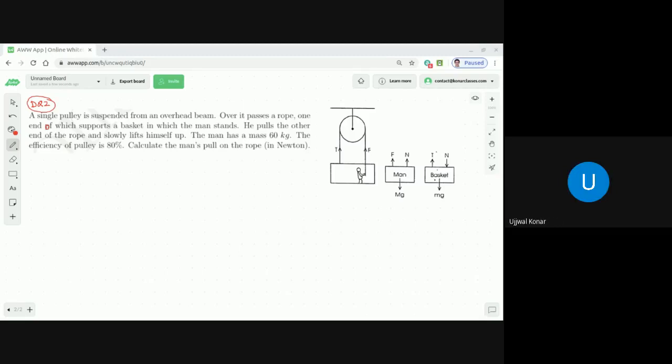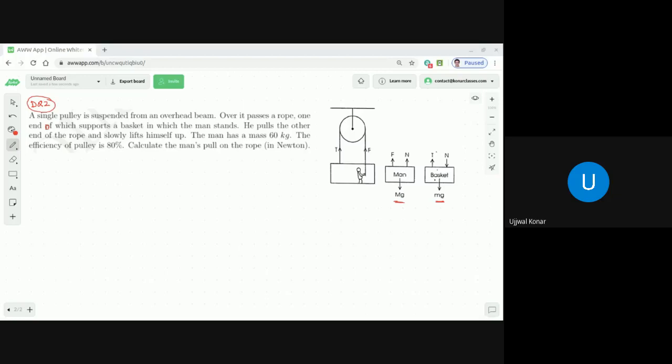Okay, let's see. Now let's analyze this problem. This is actually a very good problem. Now what we are assuming, let the mass of the man be capital M and that of the basket be lowercase m. Correct? And as you see, Mg is working here, and small mg is this one. Now let capital N be the reaction of the bottom of basket on man.